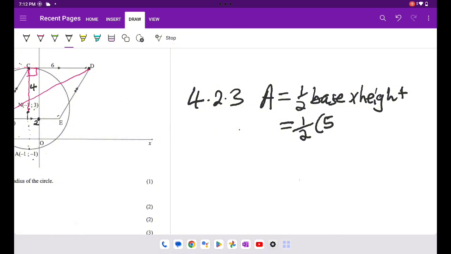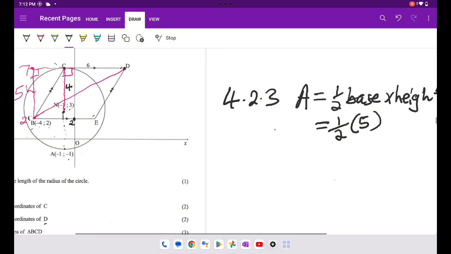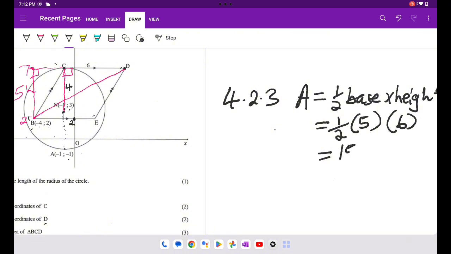We said it is 5. Now the base, we are given the base of this is CD, so the base is 6. So it means the area is half times 5 times 6, which is 15 square units. So that is the area of this triangle.